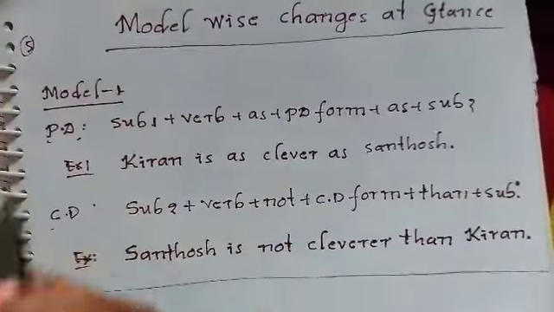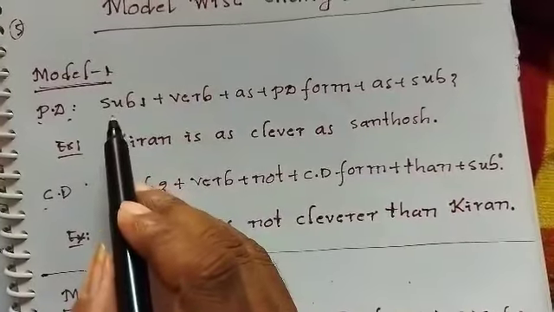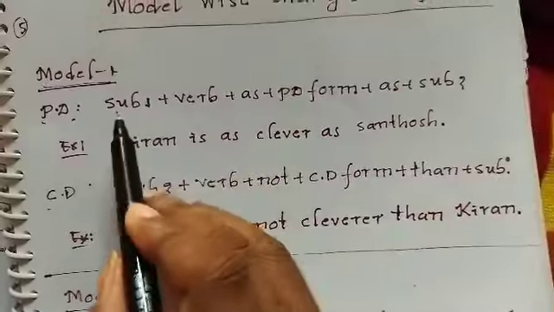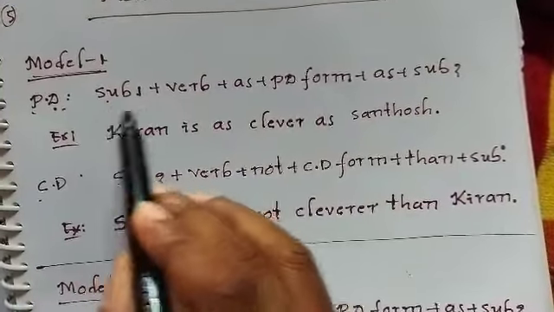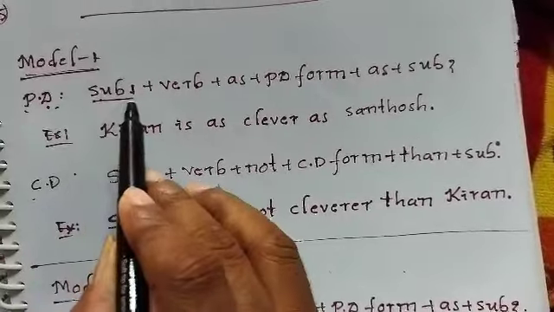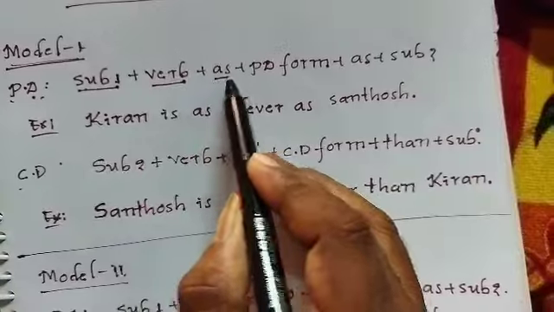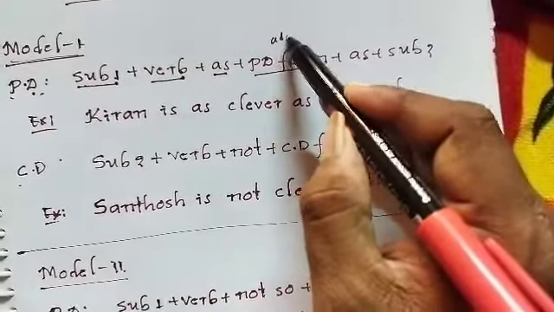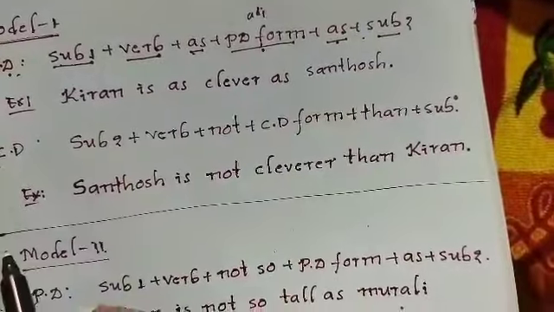Out of the 5 models, the first one, model 1, is comparison between two persons, two places, two things. The model 1 structure is subject 1, verb, as, PD form, as, subject 2.